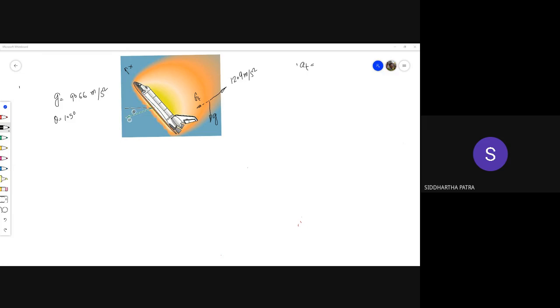The problem statement seems a little confusing to me. Second component equals 12.9 meters per second square due to atmospheric resistance and is directed opposite to the velocity.